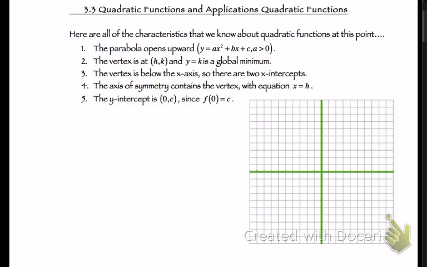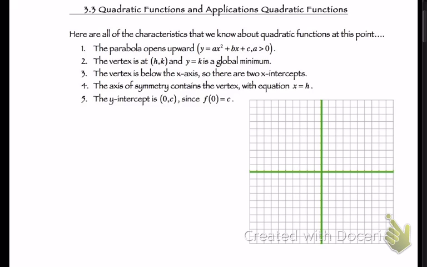Remember, standard form, ax squared plus bx plus c. I'm going to show you today how to take an equation that's in standard form, just like the Alg 2 one we did yesterday, and transform it to what we call vertex form so you can see your transformations and graph it a lot quicker.